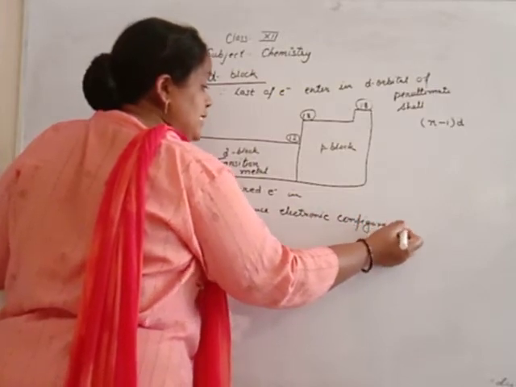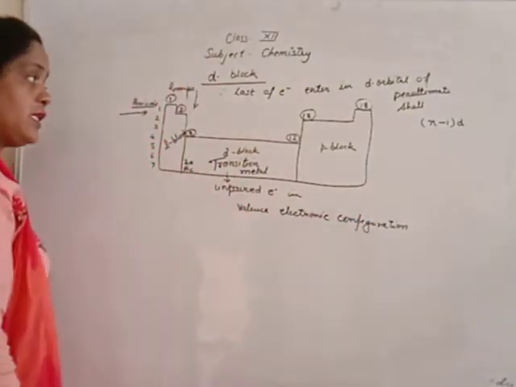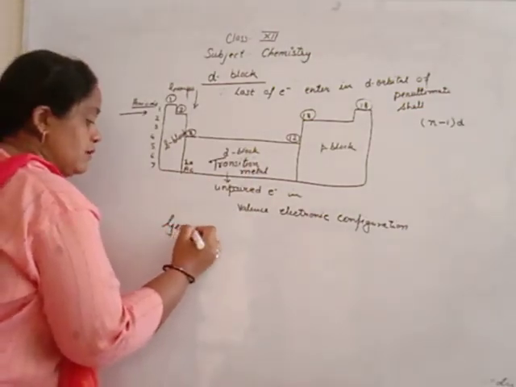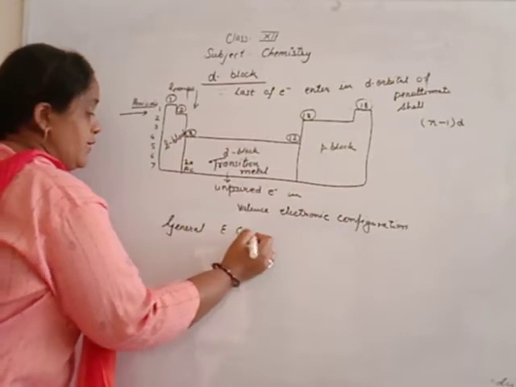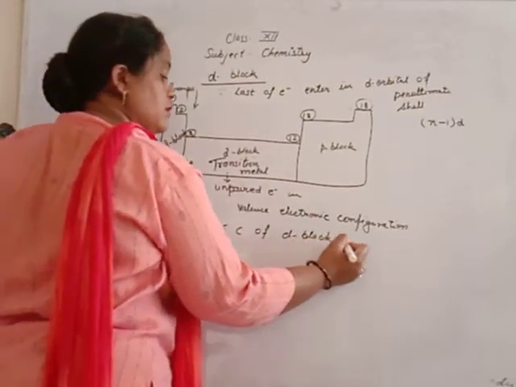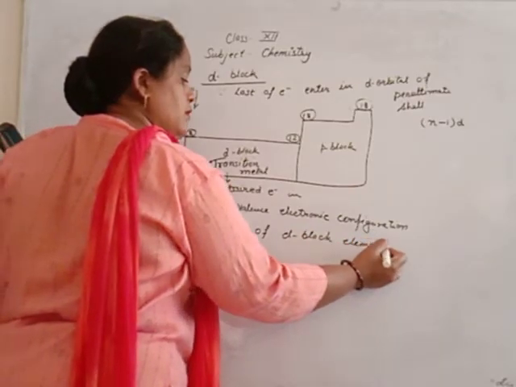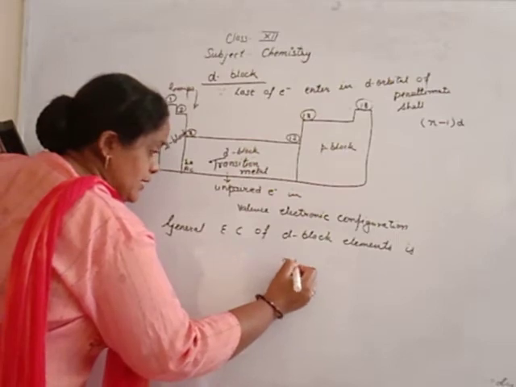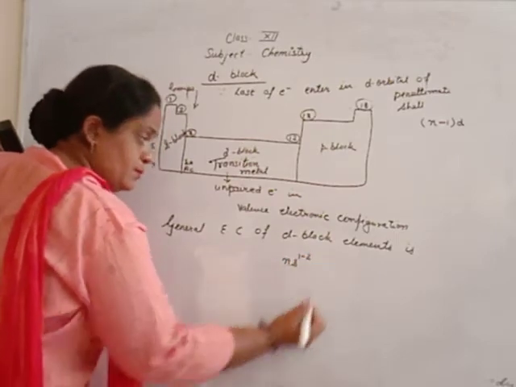Our question: what is the general electronic configuration of d block elements? So beta, the general electronic configuration of d block elements is ns1 to 2.